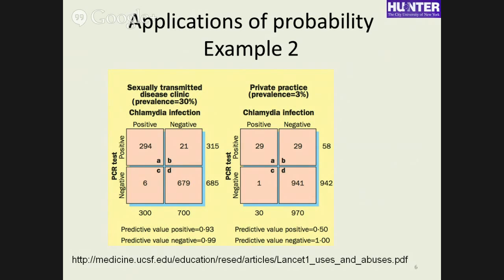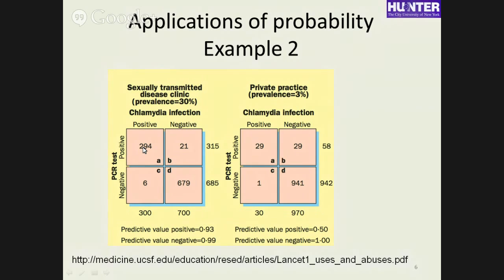And then it divides up the performance of the test among those who are positive for chlamydia and those who are negative, and shows the number of positive and negative results in those two populations. So on the left-hand side here, as an example, we have 300 individuals, 30% of the population, who are positive for the disease, and out of those, 294 test positive.